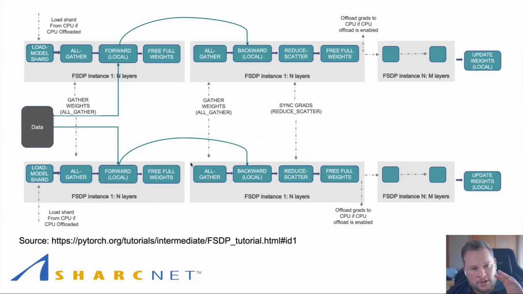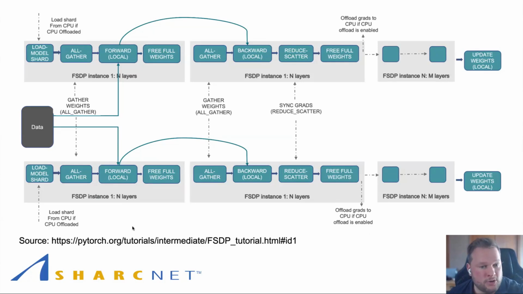So across all of our ranks, they'll gather all of the parameters associated with that instance and load them onto the GPU. So we're doing lots of inter-GPU communication here. So now each rank has all of the parameters for that instance, not the entire model, but for that first section of our model here.